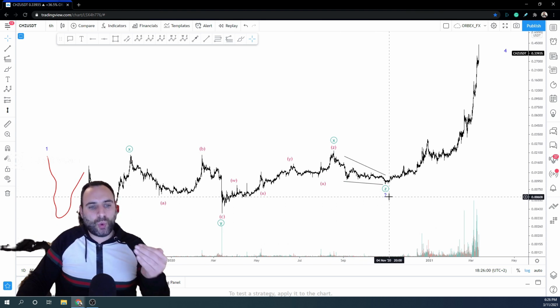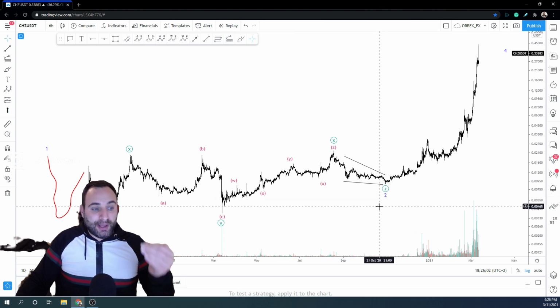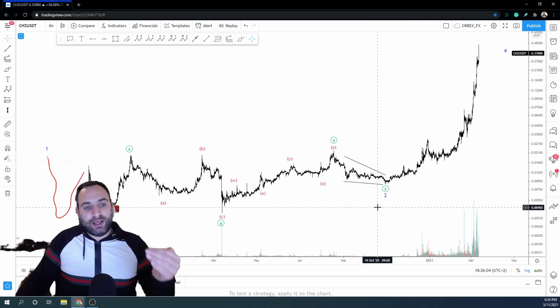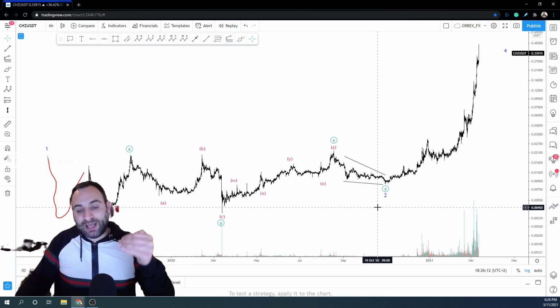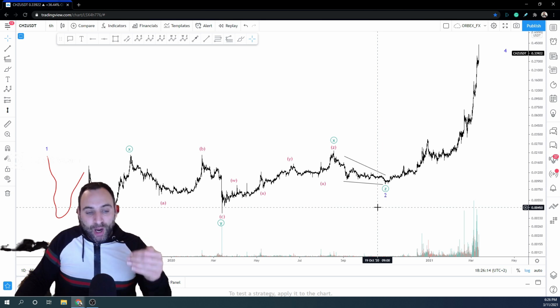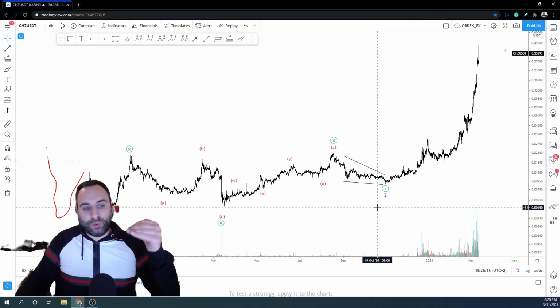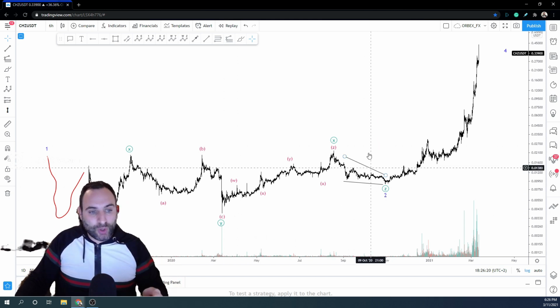So you wonder, why do we have wave 2 here? It is because the triangle, when it's part of a complex pattern, is the only pattern we can include as an ending part of a wave 2, or wave 4 for that matter, that is above the previous low. That is the only case here.